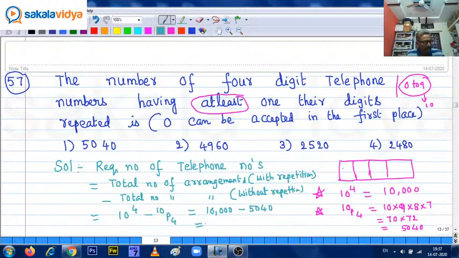If you subtract 5040 from 10,000, you get 4960. The second option is the correct option. Very good. Wonderful. Good job.